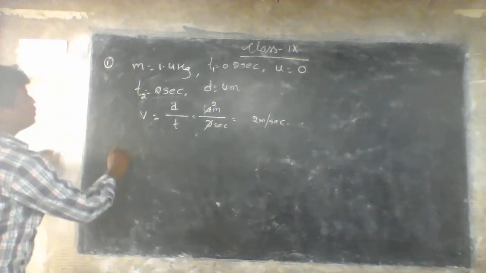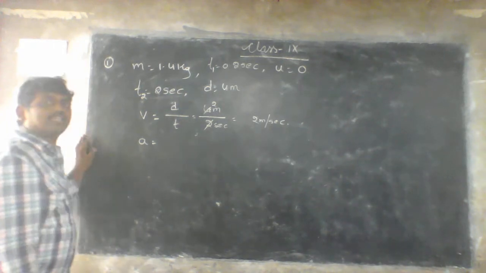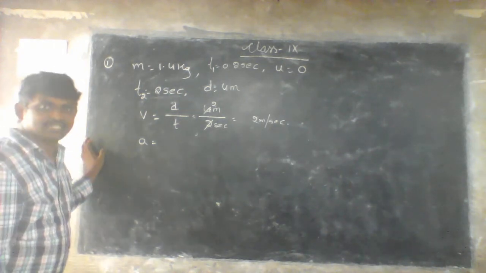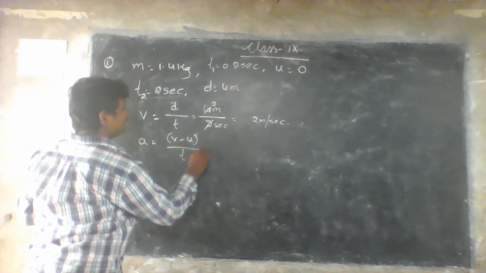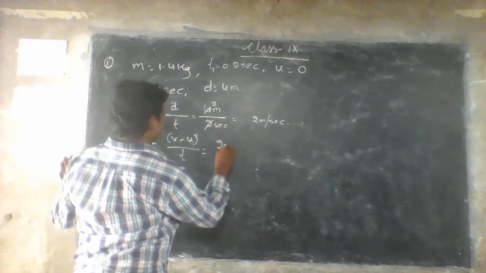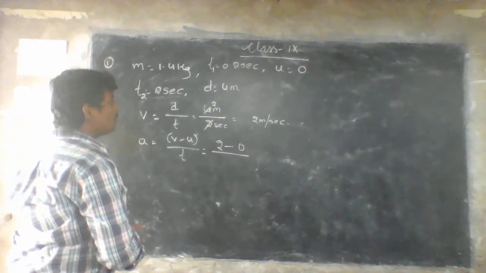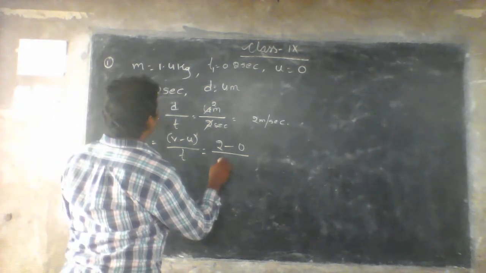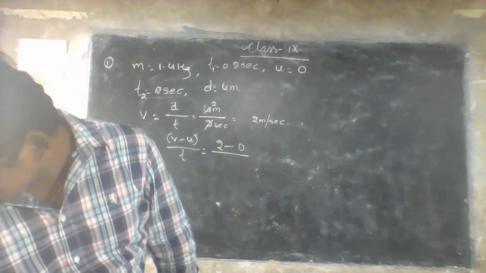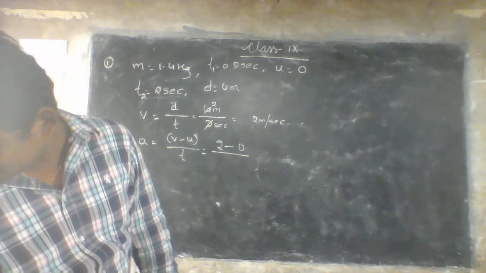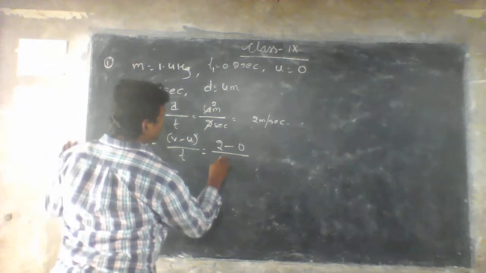So now we can find the acceleration of the body. Acceleration is the rate of change of velocity, that means (v minus u) by t. v is 2, minus u which is 0, by t, which is 0.2.